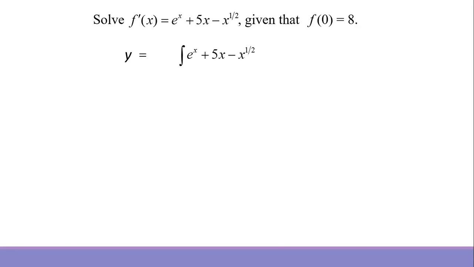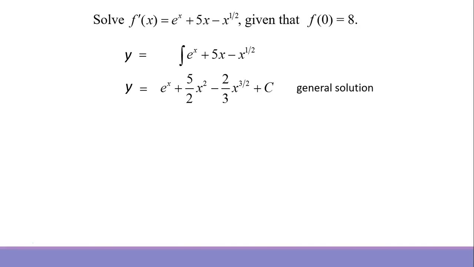So if we take the antiderivative of both sides of the equation, we can find an equation for y, which is that y equals e to the x plus 5/2 x squared minus 2/3 x to the 3/2 plus c. That's our general solution.